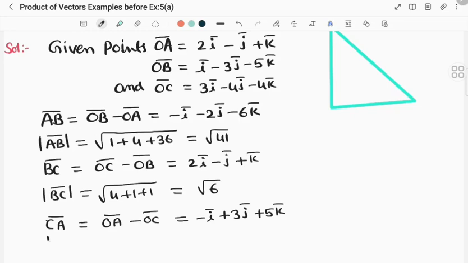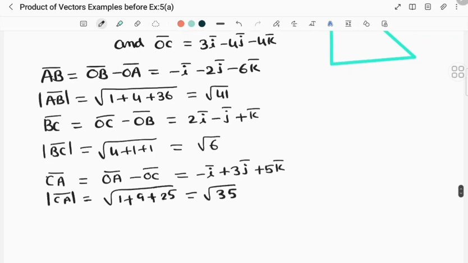Whose magnitude, mod CA bar, equals root of 1 plus 9 plus 25, so root 35. From this we observe clearly, since they are asking to prove a right angle triangle, from observation only we can take it.